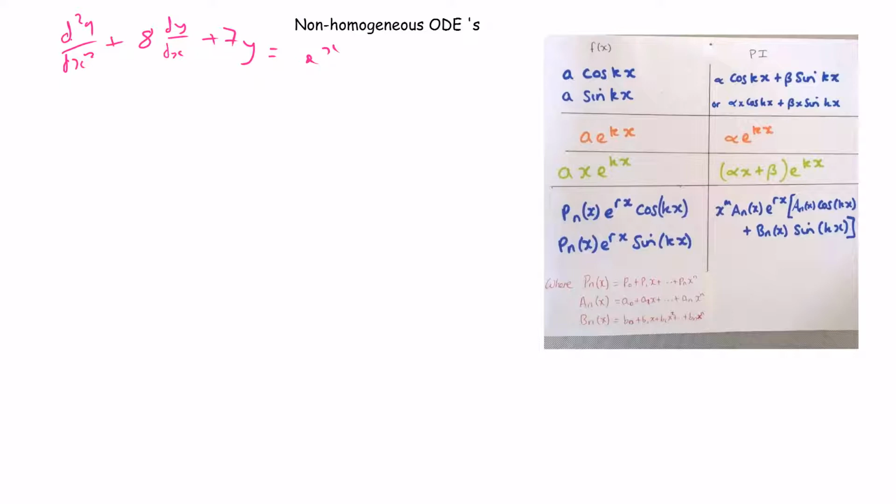So we have got the second derivative of y with respect to x plus 8 lots of the derivative of y with respect to x plus 7y is equal to 2x.